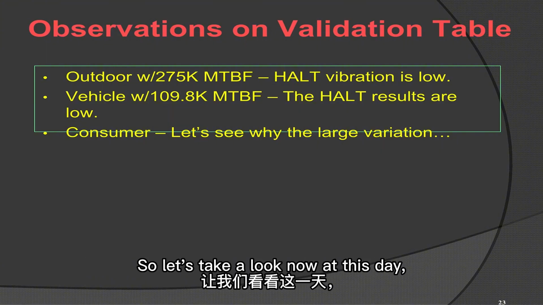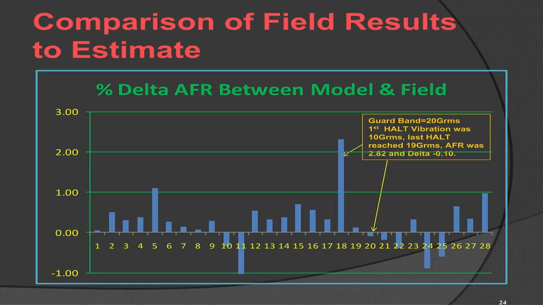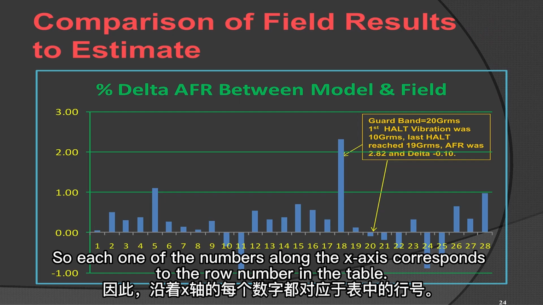So let's take a look now at the data in the chart graphically. Each one of the numbers along the x-axis corresponds to the row number in the table.